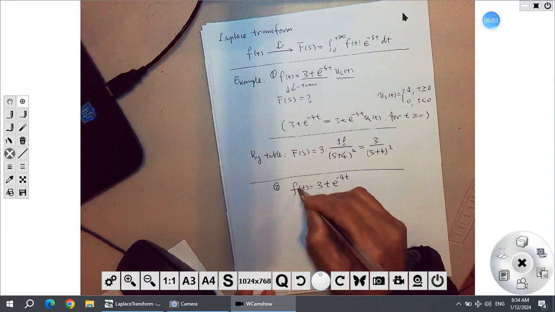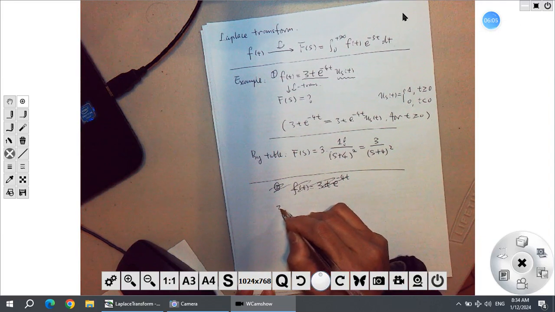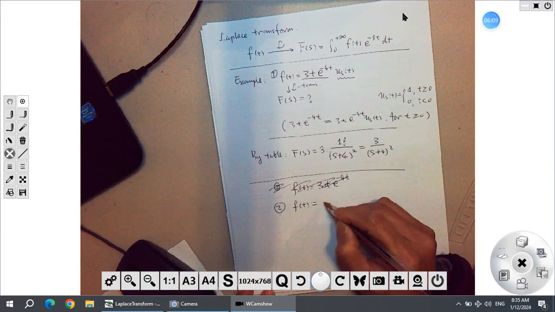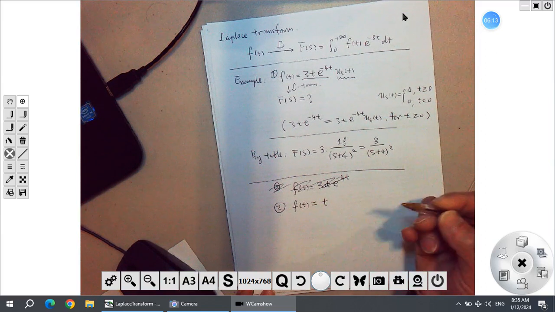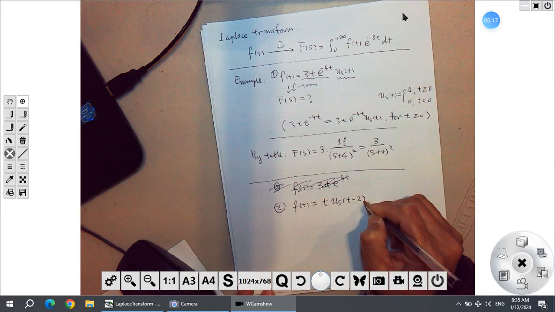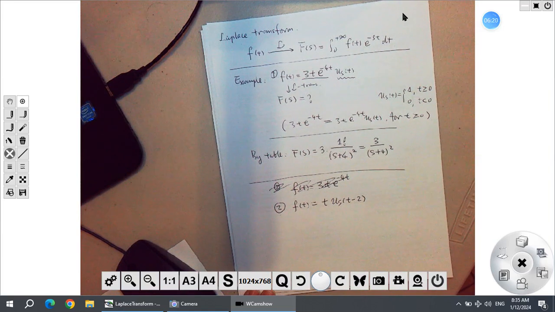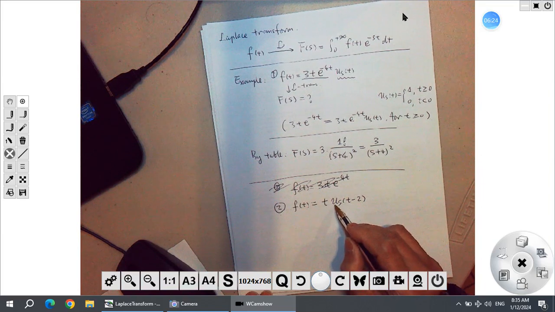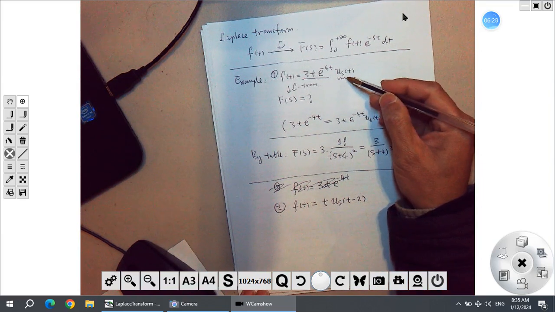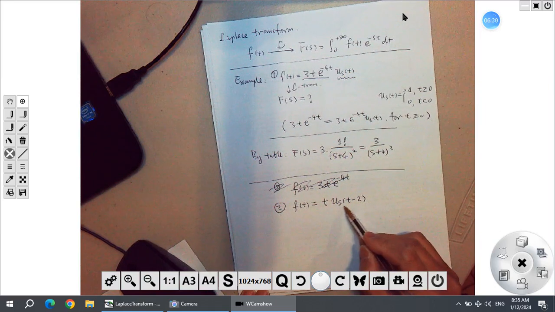Okay, it's a little complex, so I start from the simple one. Now the thing is a little bit different. Here I have u of t minus 2, not u of t. In the first example, here is u of t. Now it is u of t minus 2.